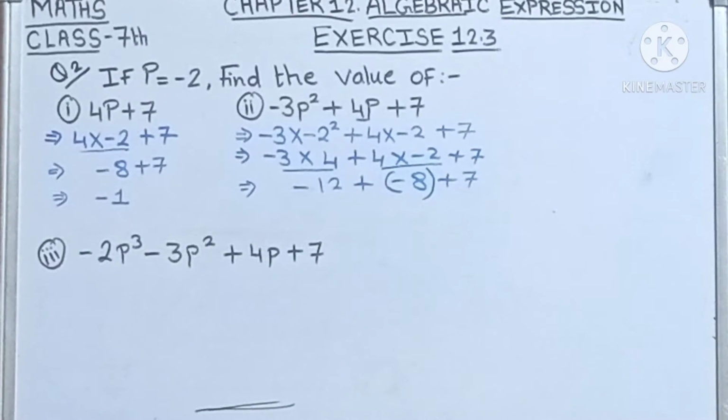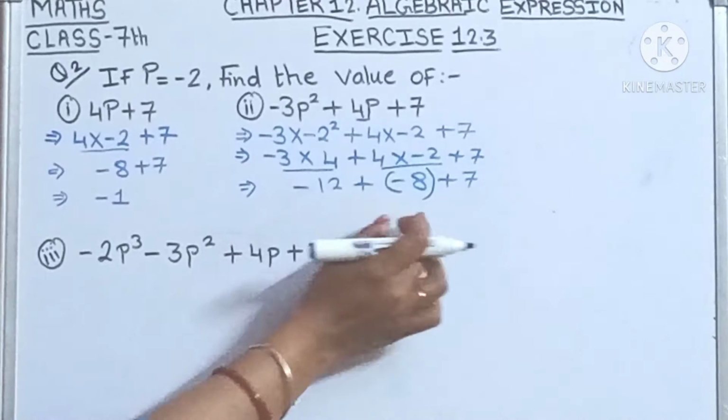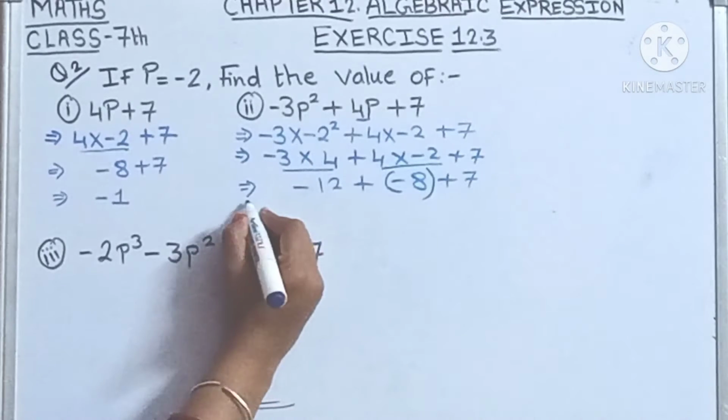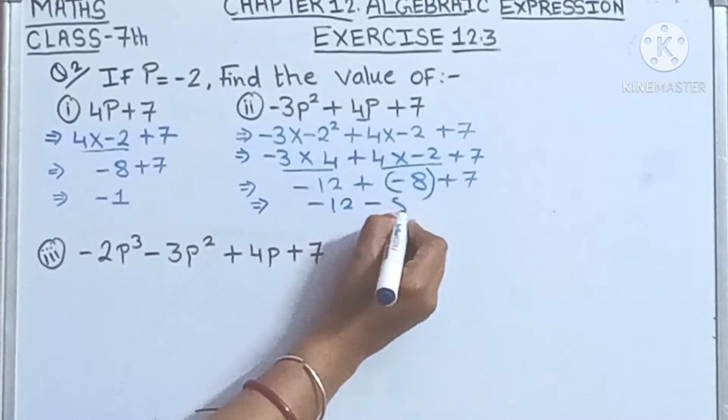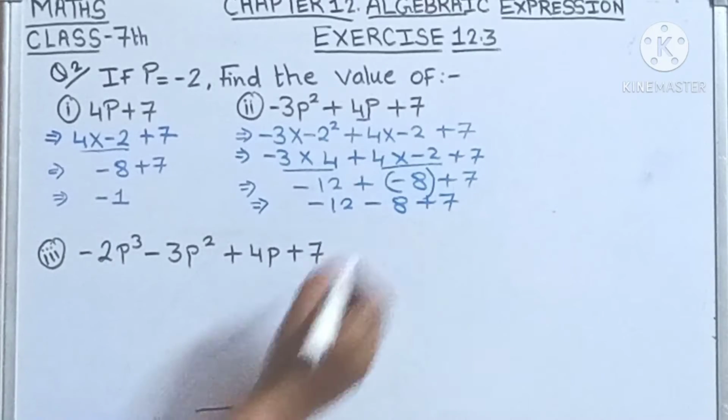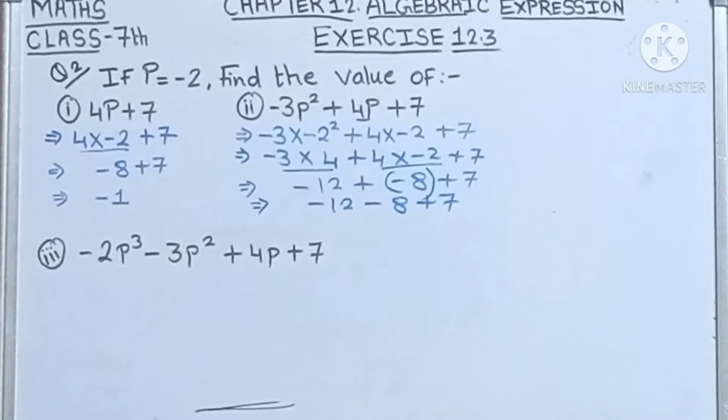Why did we do this? Because here we can see the two signs, plus and minus. Whenever there are two signs, we will put one in the bracket. Now in the next step we will open the bracket. Plus minus becomes minus, minus 8 and plus 7. Clear? Now we will solve the terms.